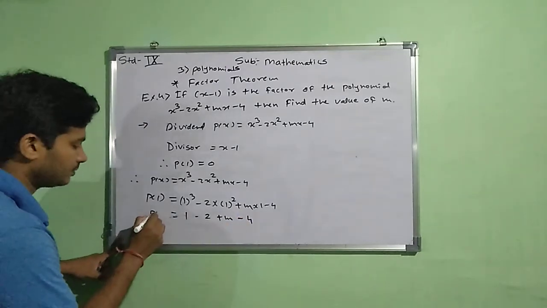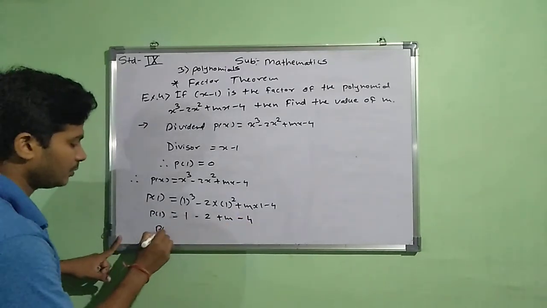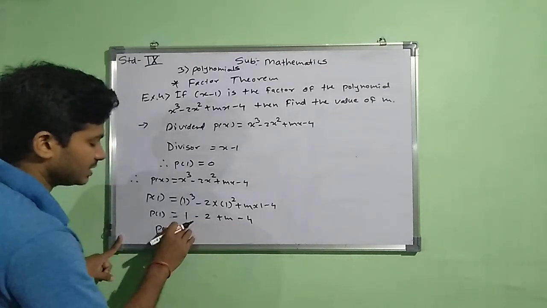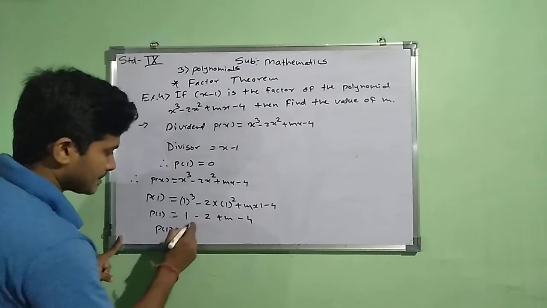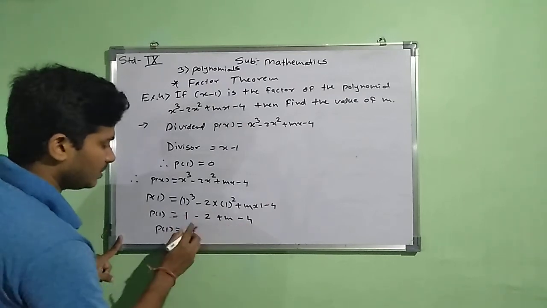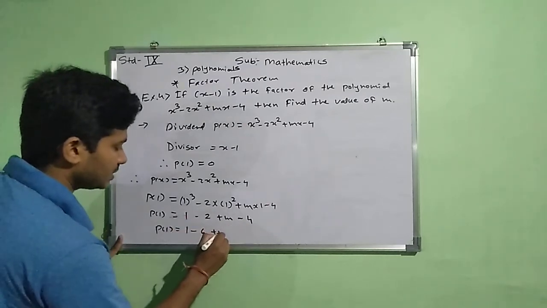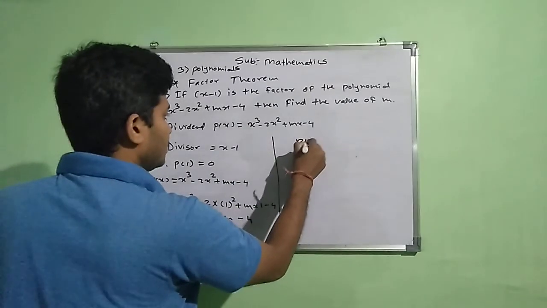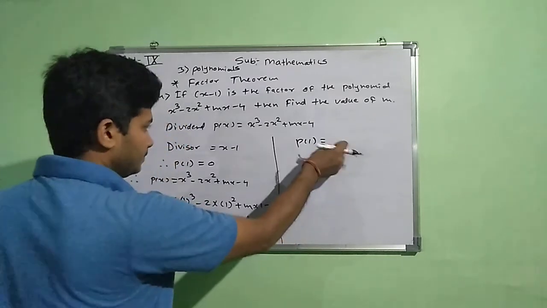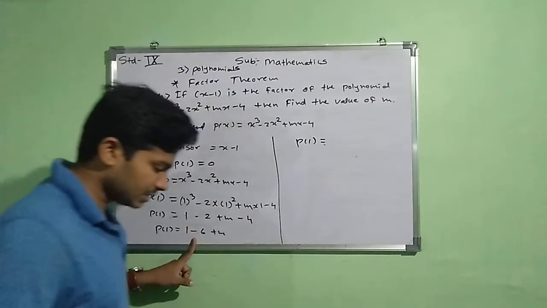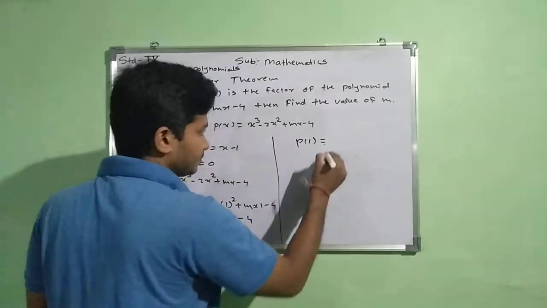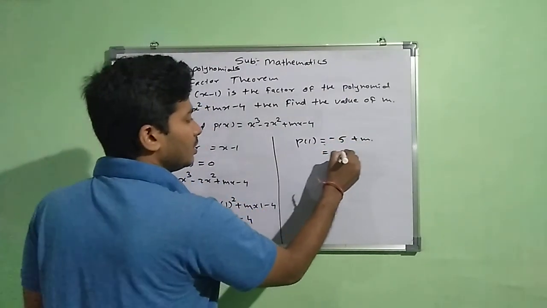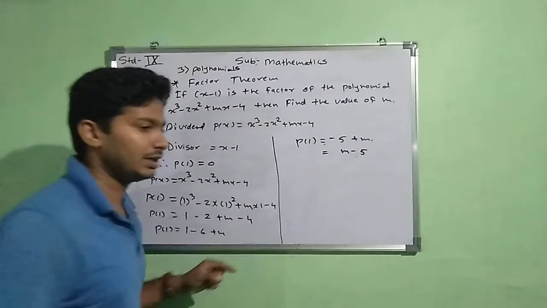So p of 1 is equal to 1 minus 2 minus 4 plus m. 1 minus 2 minus 4 will be minus 6, so 1 minus 6 plus m, so p of 1 is equal to minus 5 plus m. We can write m minus 5.